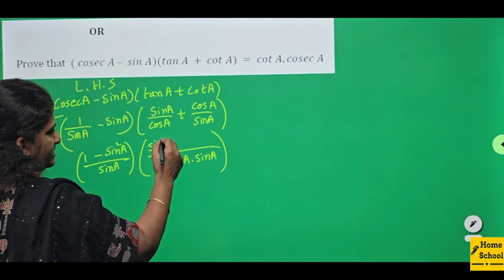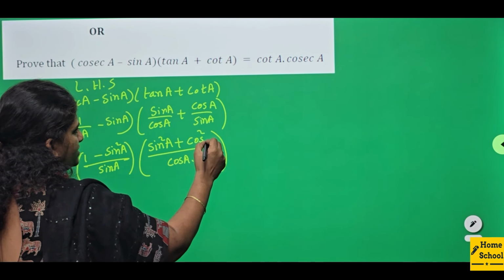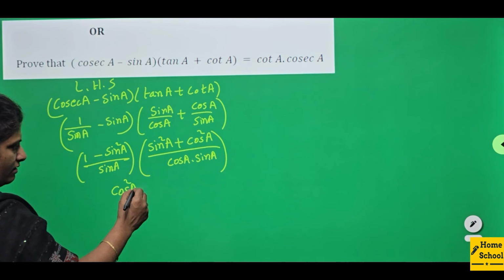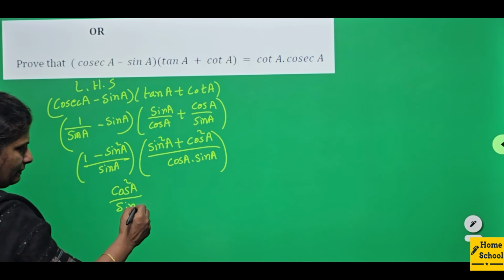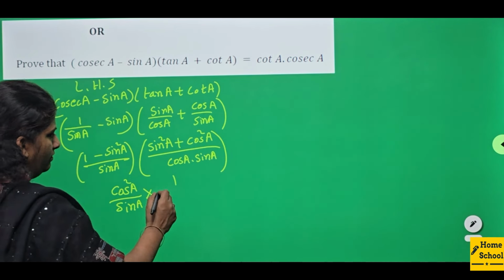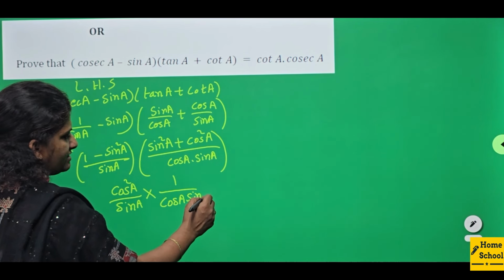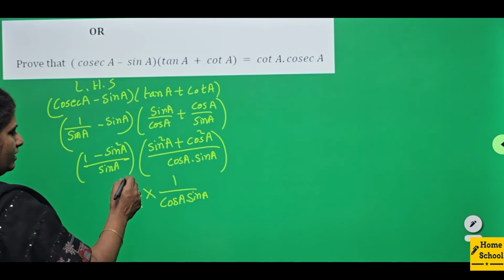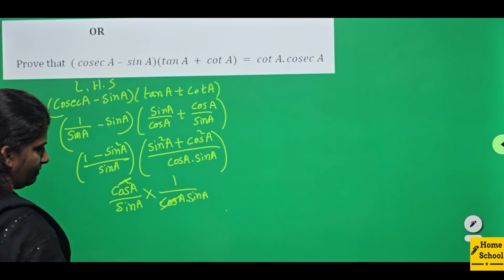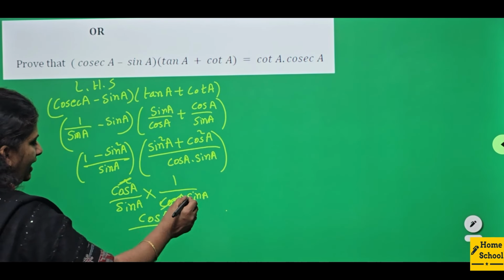Sin A into sin A is sin square A. Here cos A multiply for the numerator, cos square A. 1 minus sin square A is cos square A by sin A into sin square theta plus cos square theta is 1 by cos A into sin A. You please write all these identities on the right side, children. Compulsory you need to mention in the exam. Cos A, and here one cos A will be cancelled. We are left with cos A by sin A into sin A.